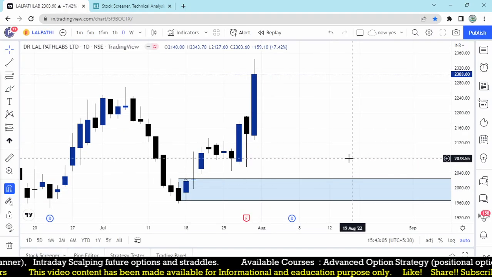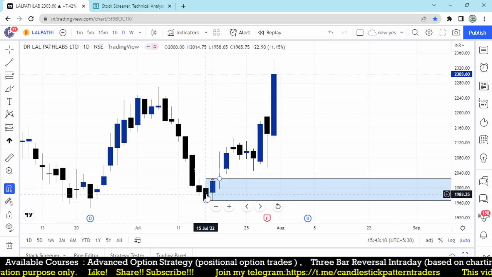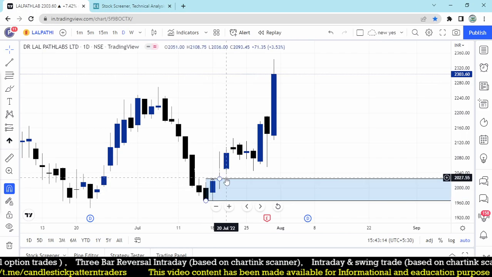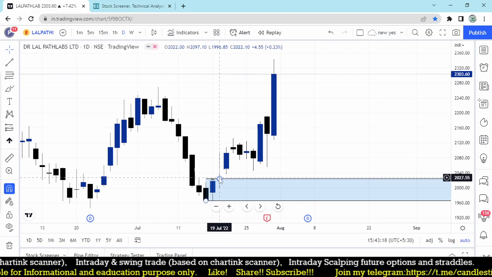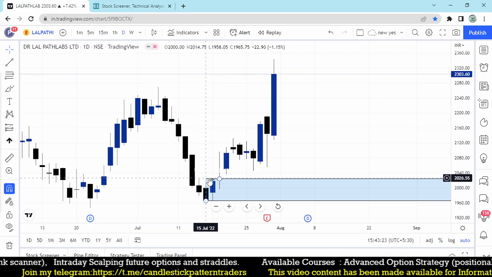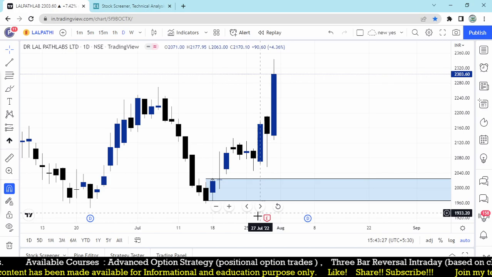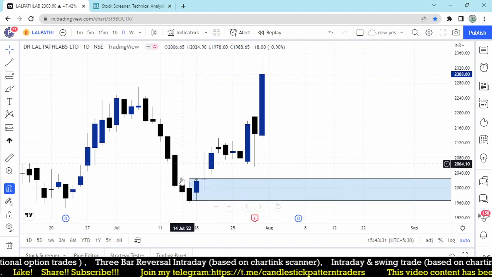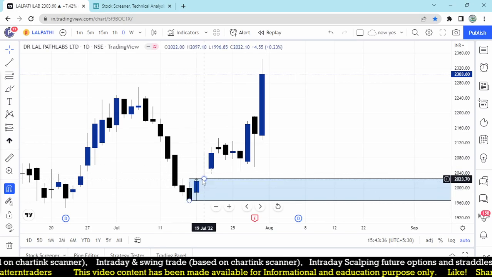Okay, super. Great, there is a reversal pattern we found with the 3 bar reversal at a 52-week low in Lal Path Lab. Those who watched that video had a buying opportunity at Lal Path around 2027. Now it has zoomed almost 300 points from our entry point, with the stop loss below around 60 points. It's great. We discussed this 3 bar reversal in an earlier video and found some 3 stocks.